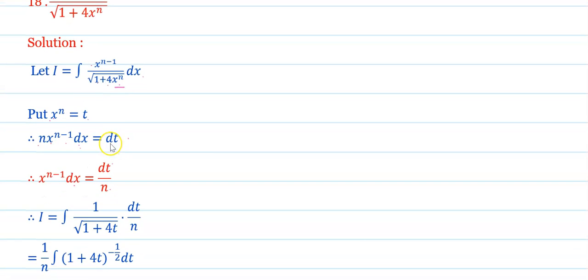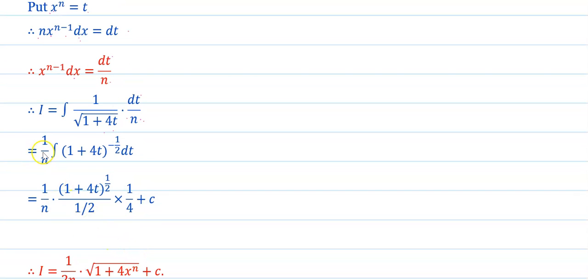Now therefore our integral I is equal to integral of 1 upon root of 1 plus 4t into dt upon n. Take this 1 upon n outside, then integral. The power of the root we move to the numerator, and that will become minus 1 upon 2 into dt. Hence here is 1 upon n into.